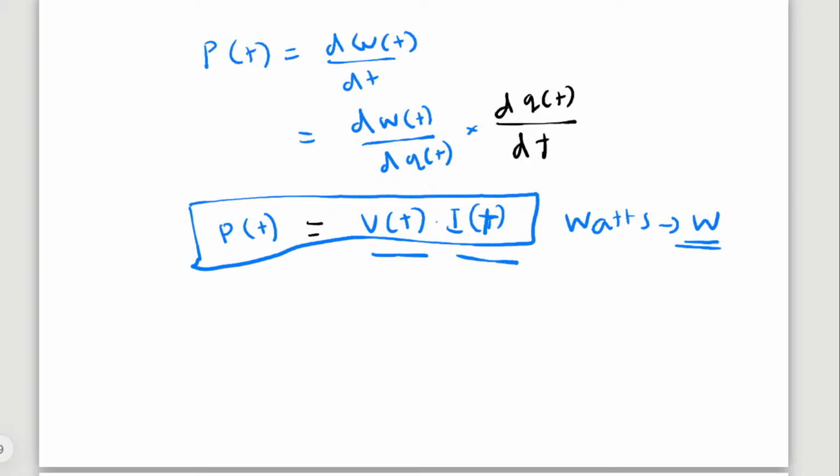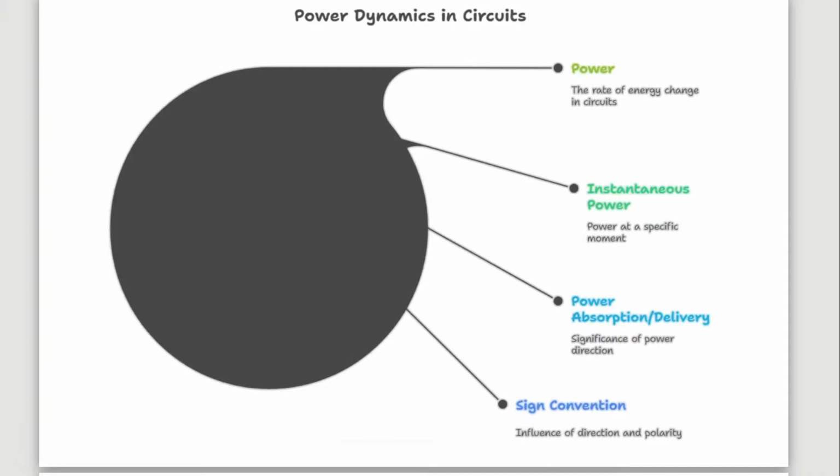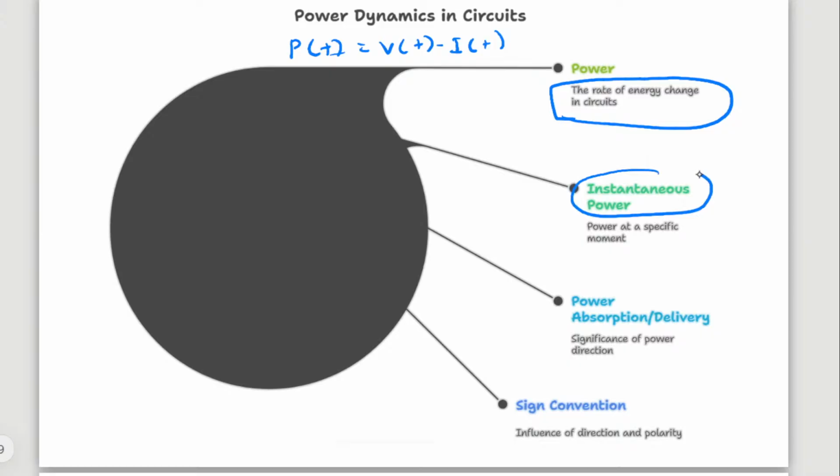Now we are going to discuss an important concept, that is power dynamics in a circuit. So far we have discussed instantaneous power: p of t is v of t into i of t. Power is the rate of energy change in a circuit, and p of t is the instantaneous power.